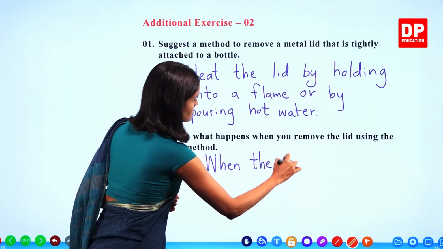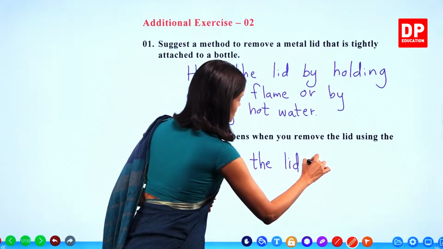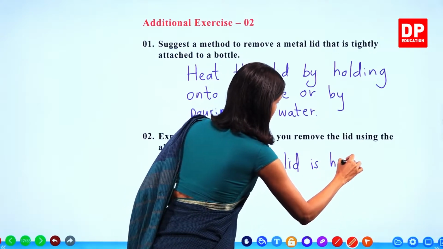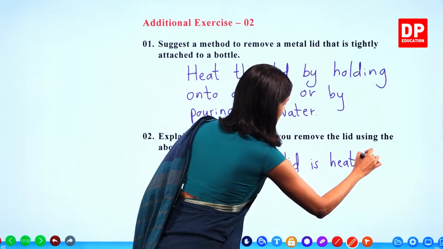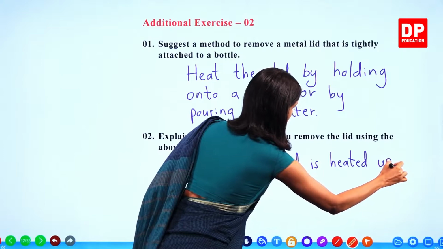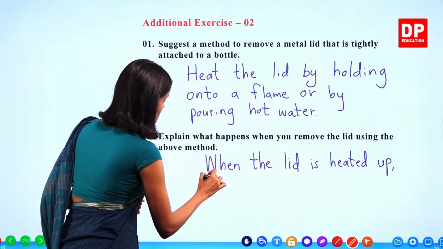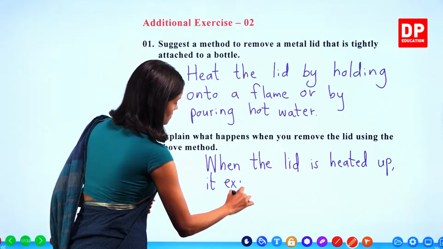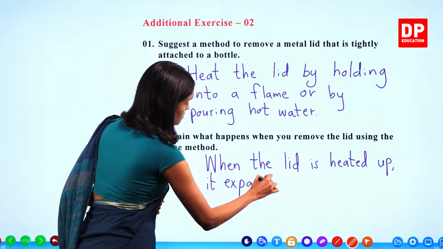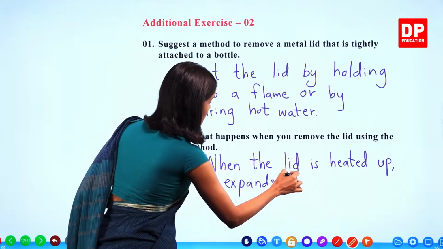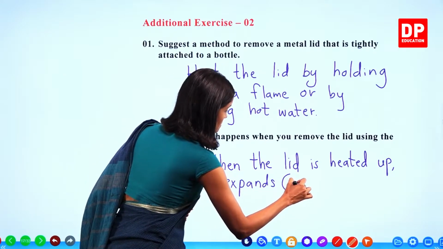When the lid is heated up, it expands. Write within brackets, size increases.